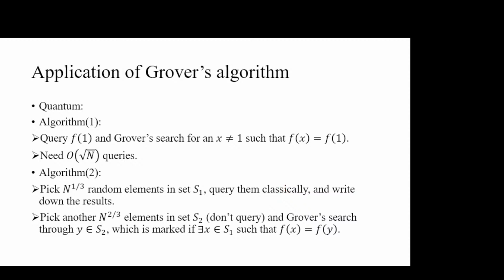So there are going to be two sets: S1 with n to the 1/3 items, and set S2 with n to the 2/3 items. For S1 we just look through everything, so we know what everything inside S1 is. I guess we're going a bit fast. This S1 is a subset of the input.